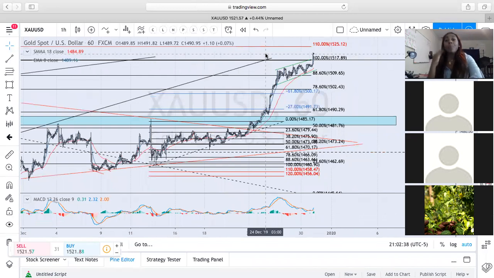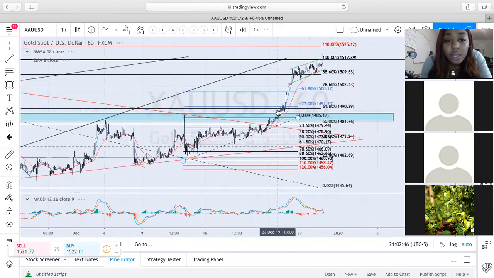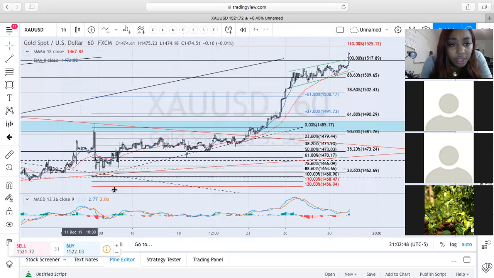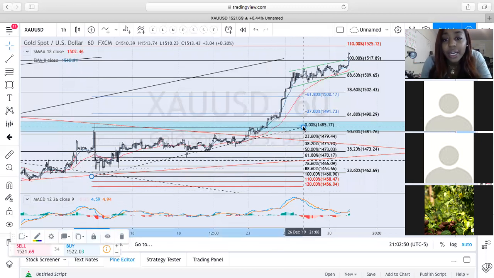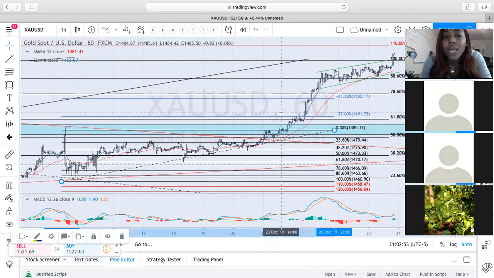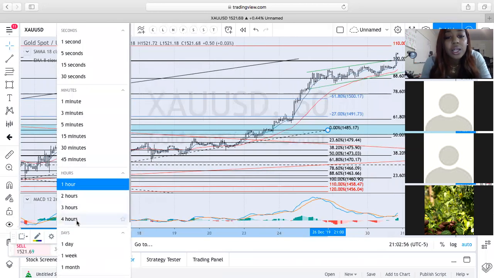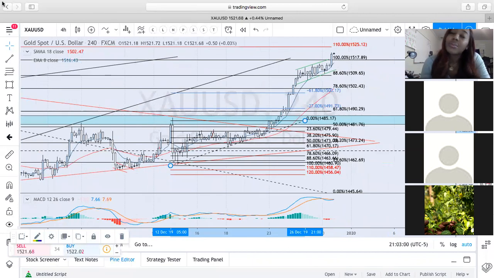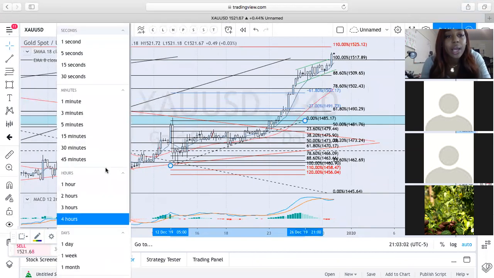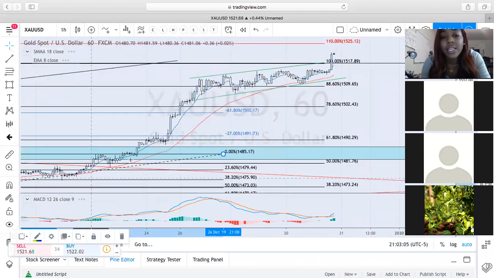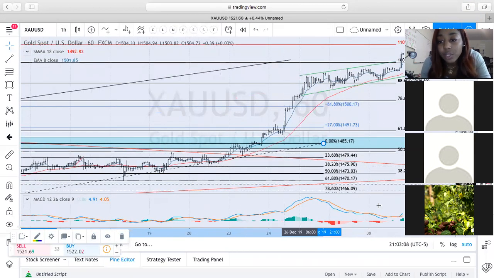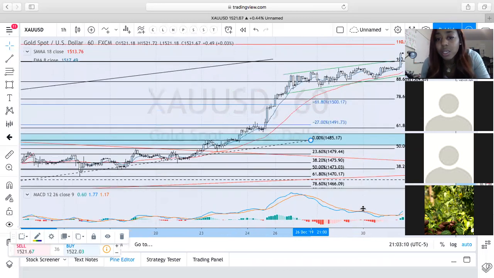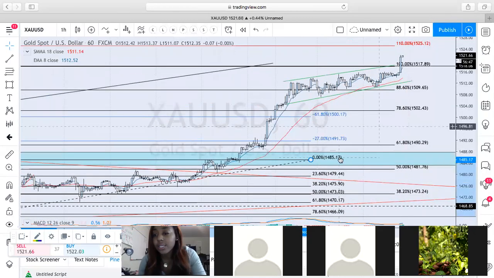So on gold, my bias is a sell, but I just need confirmation first. Based off of here, when we were just on GBP USD, I said when I go to gold, I'll show you guys the indication of what I was talking about when it came to the breakout and understanding the retest.